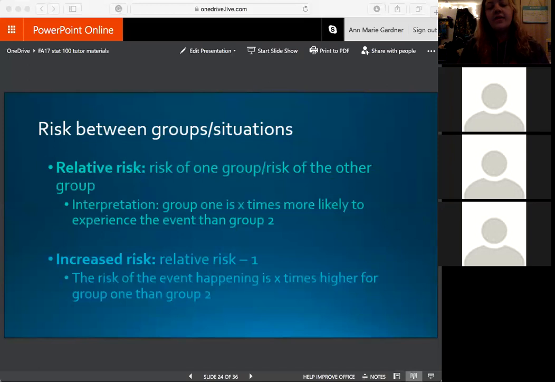And then increased risk is exactly what it sounds like. You have relative risk, so how many more times likely it is to experience the event than group two. And then we want to talk about how much higher it actually is. So we're finding out specifically how many more times higher it is with increased risk.